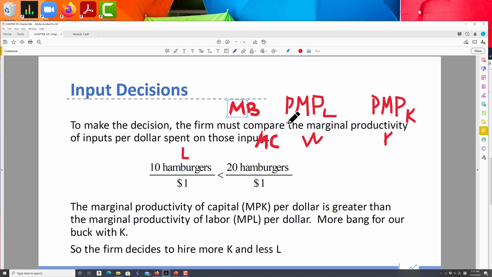We are comparing these two ratios. Since P is common, we can eliminate P and compare these ratios per dollar of expenditure on either capital equipment or labor.